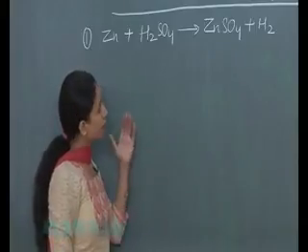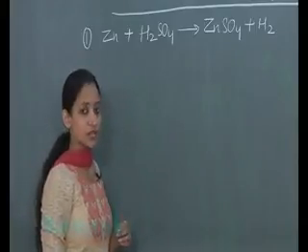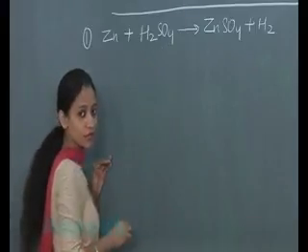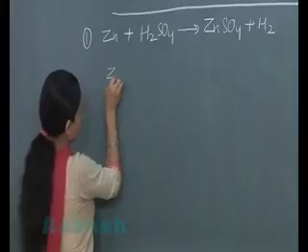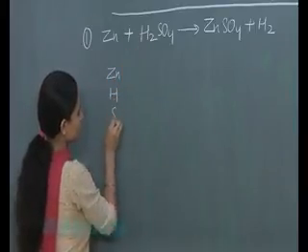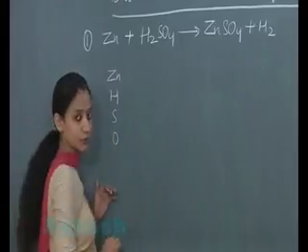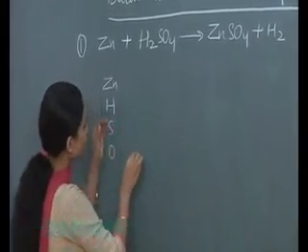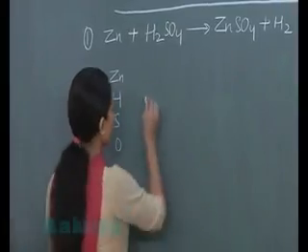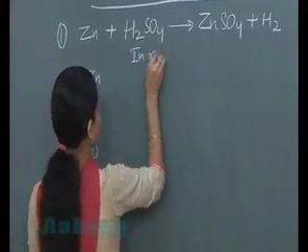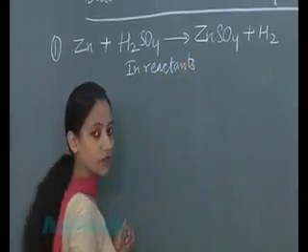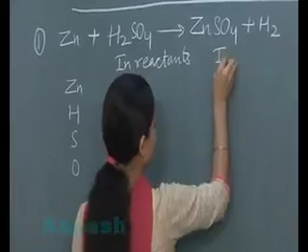Now to check whether this reaction equation is balanced or not, let us write down the symbols of various elements involved in this reaction. So various elements are, one is zinc, other we have hydrogen element is also there, sulfur is also there and oxygen is also there. Now let us count the number of different elements in the reactant side as well as in the product side.